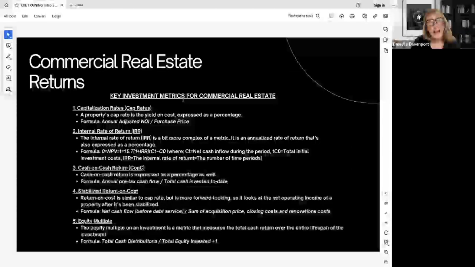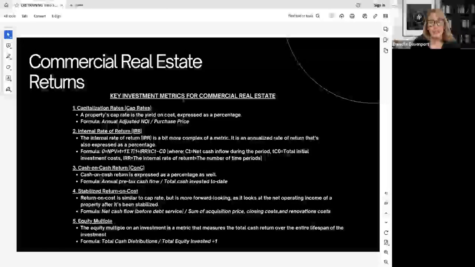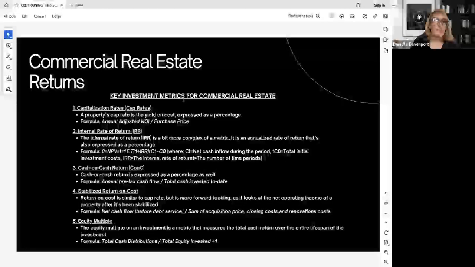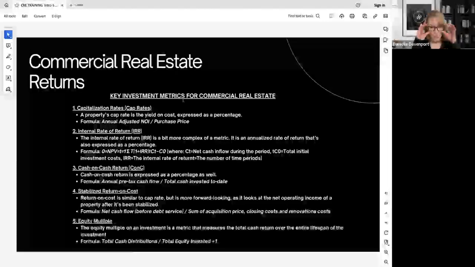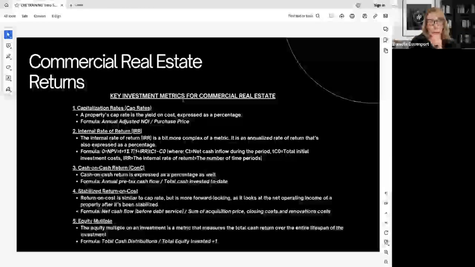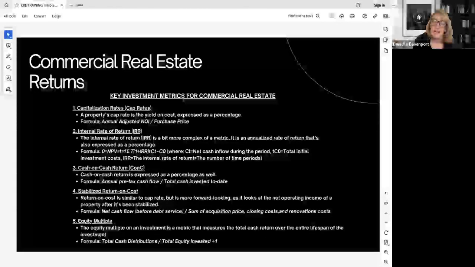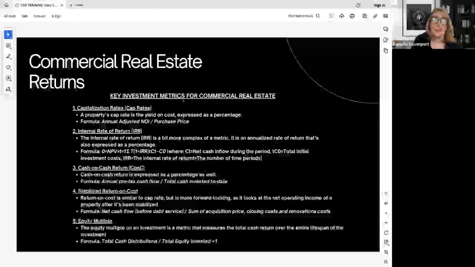However, I don't think it's very indicative of the success of a particular asset or property, because let's say hypothetically you go and buy an apartment complex in a small town in Kansas, and your net operating income is pretty decent, but your purchase price is low. That asset could be at 5%.